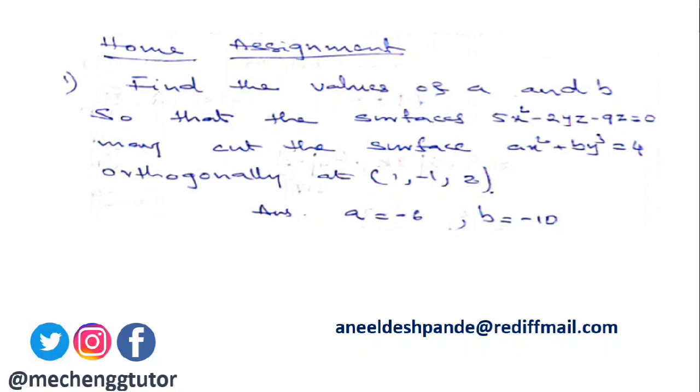Find the values of a and b so that the surface 5x square minus 2yz minus 9z is equal to 0 may cut the surface ax square plus by cube is equal to 4 orthogonally at (1, -1, 2). Now this problem is exactly similar to the second sum. Just solve this, and the answer also I have given. a is equal to minus 6 and b is equal to minus 10.